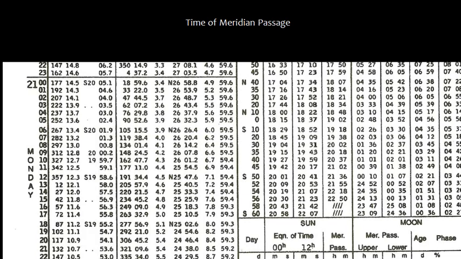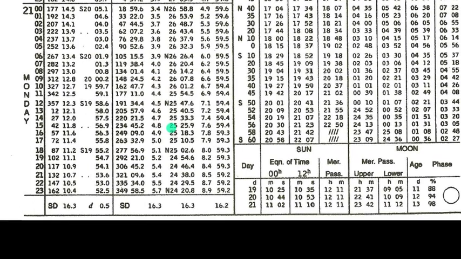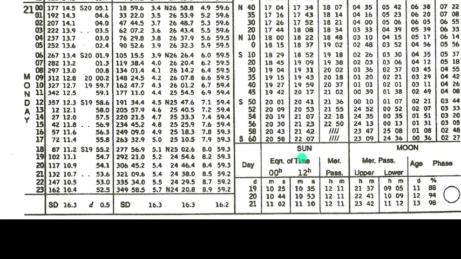Now, we need to study one more aspect, that is the time of meridian passage. This time of meridian passage is approximate time, and that is given in the almanac. If you see this almanac, at the bottom it is sun and moon. Here this is sun and this is moon. For 3 days, 19th, 20th and 21st, it is tabulated, and here you can easily locate the meridian passage time, which is 12, 11, 12, 11, 12, 11 in this case.